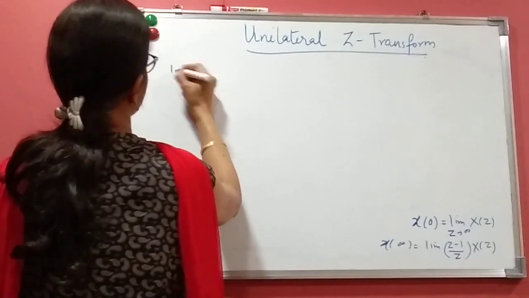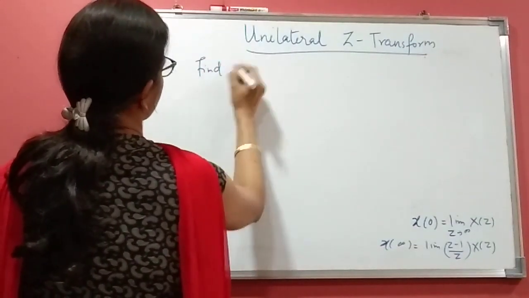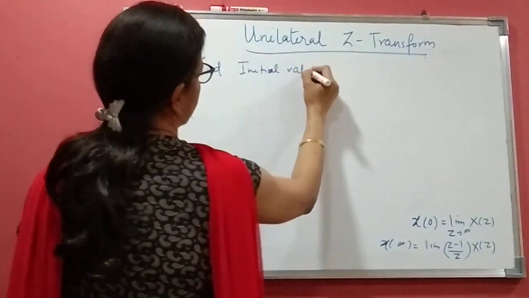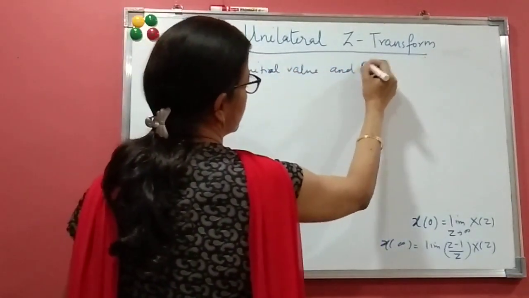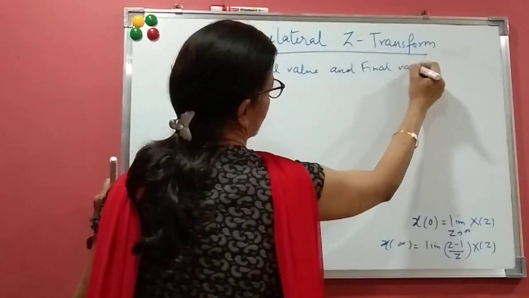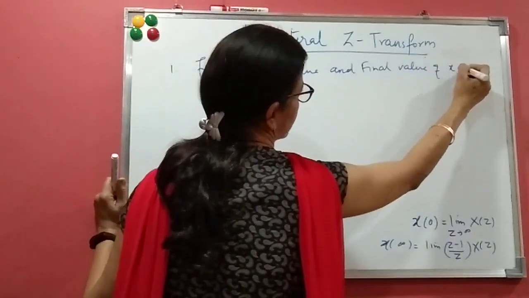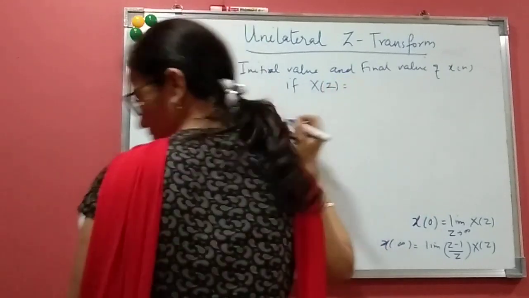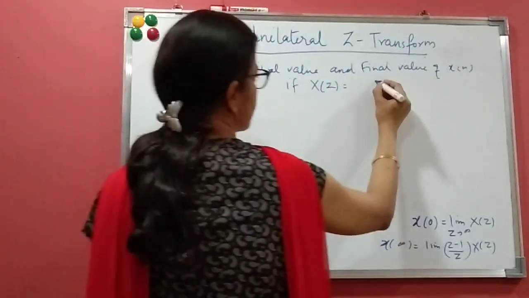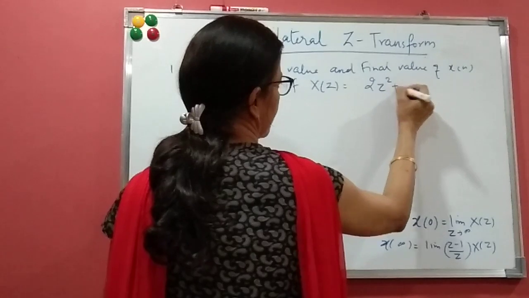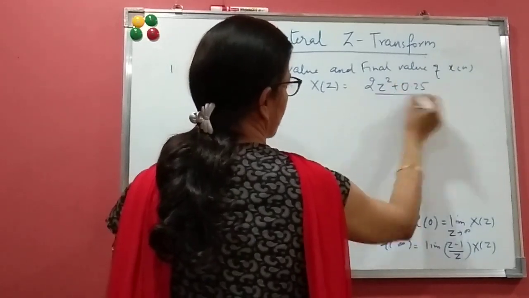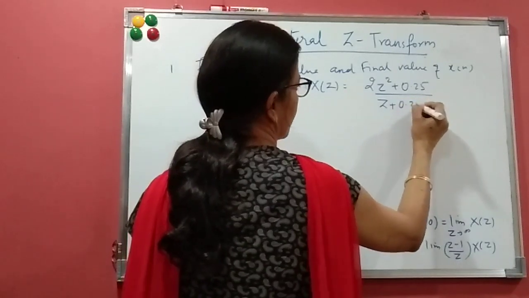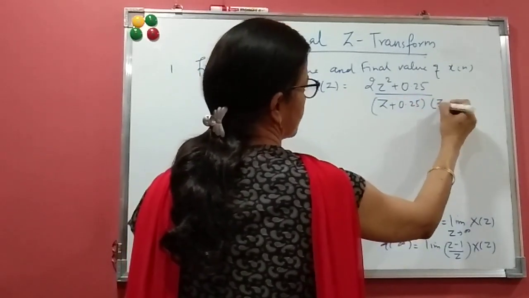Find the initial value and final value of x of n if x of z equals (2z square plus 0.25) upon (z plus 0.25) into (z minus 1).